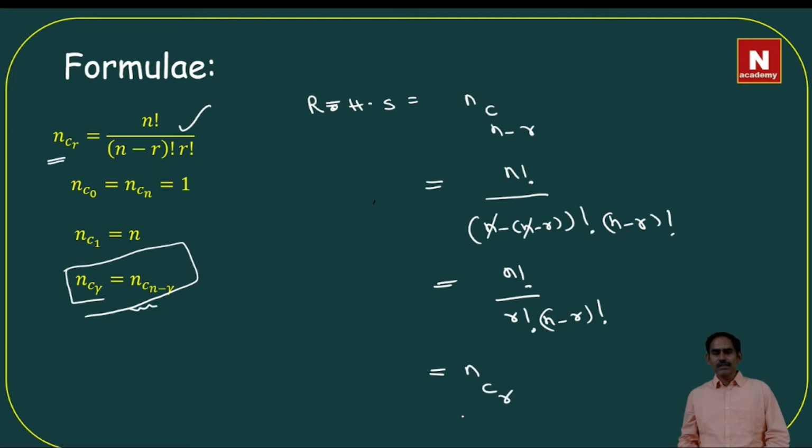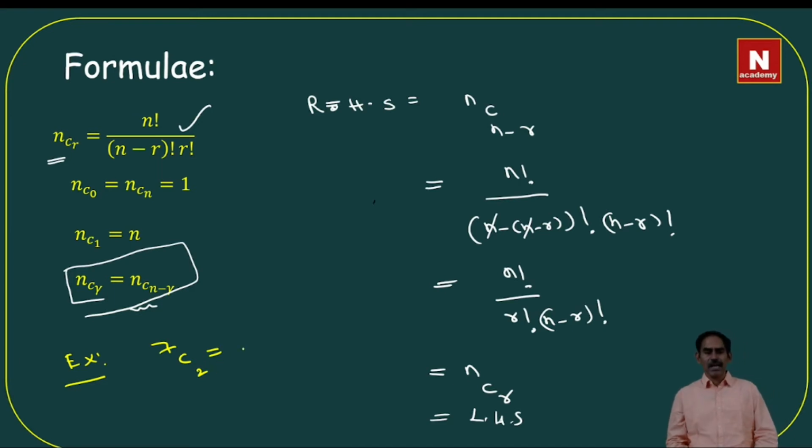So this is the LHS. So nCr equals nC(n minus r). What is the use of this formula? For example, if you want 7C2, 7C2 can also be expressed as 7C(7 minus 2).